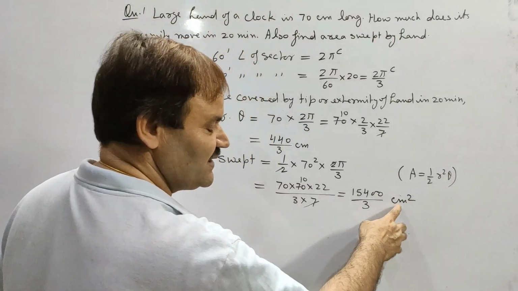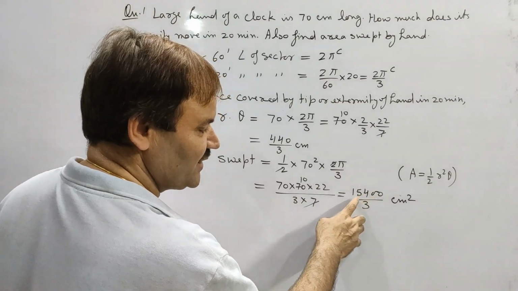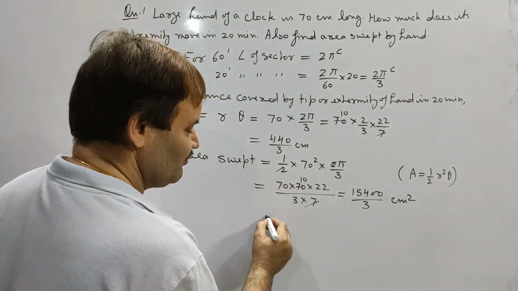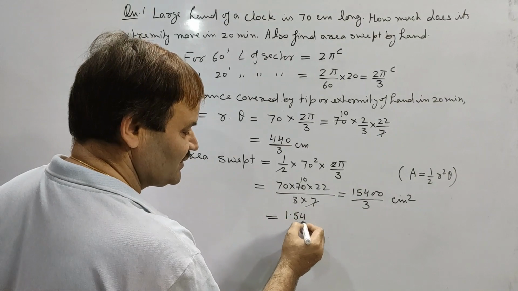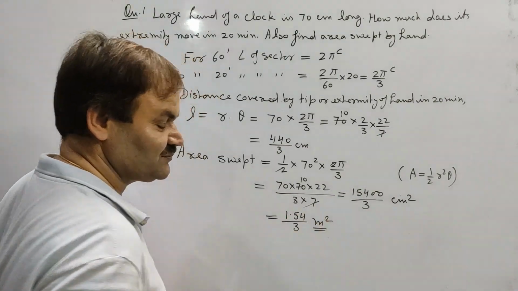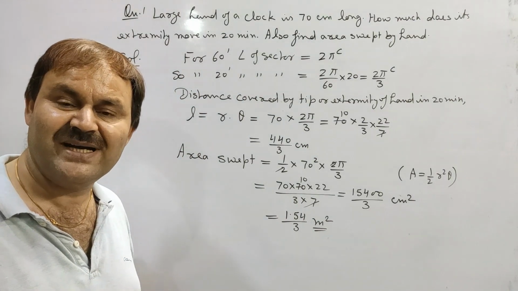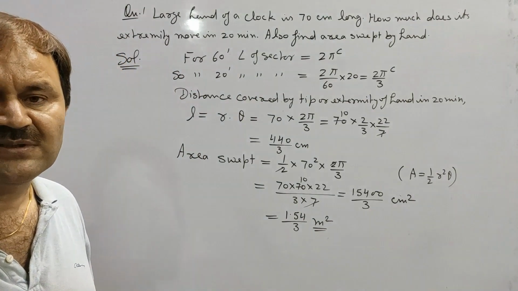If it is to be converted into meter square, then it will be divided by 100 into 100, so it will become 1.54 divided by 3 meter square. In this way we can solve the questions related to arc length and area of sector.